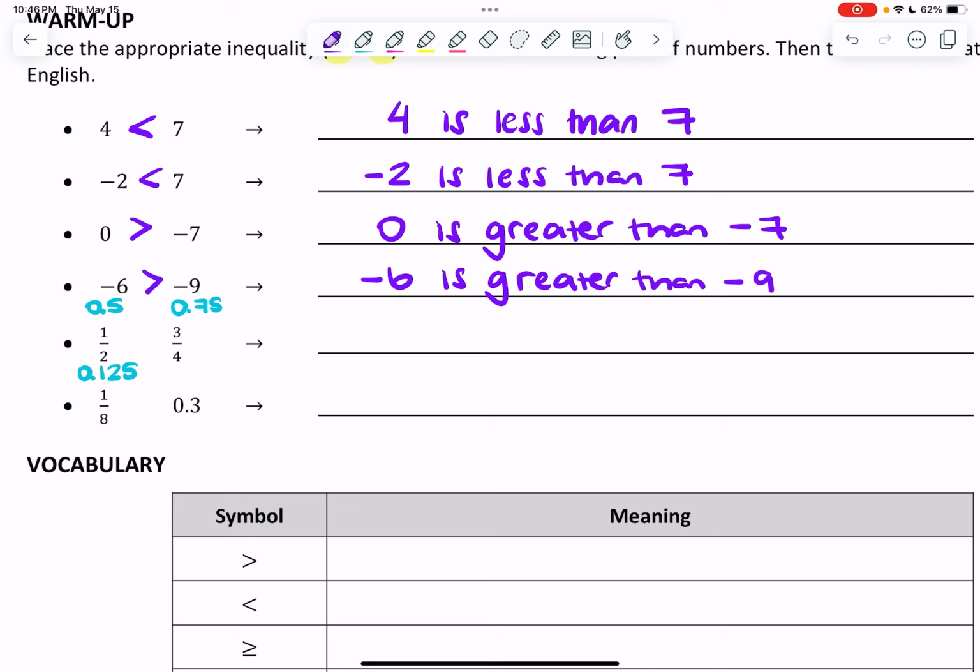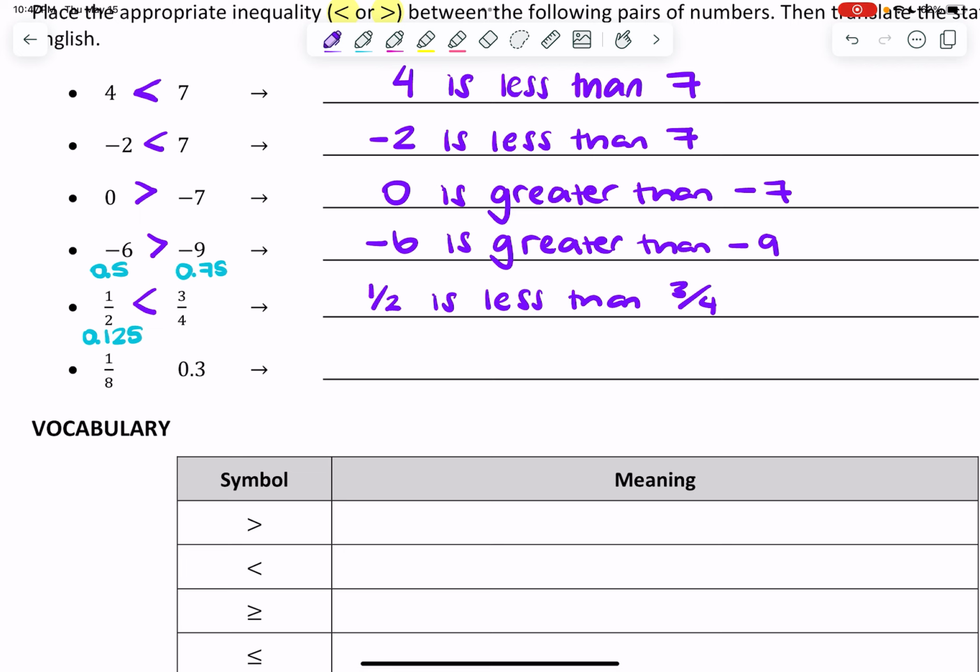And then I can go ahead and compare. I know 0.5, or 1/2, is less than 3/4. And then my last one, I know that 0.125 is also less than 0.3.